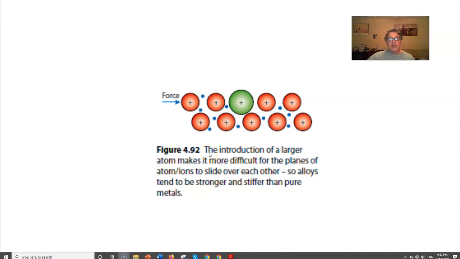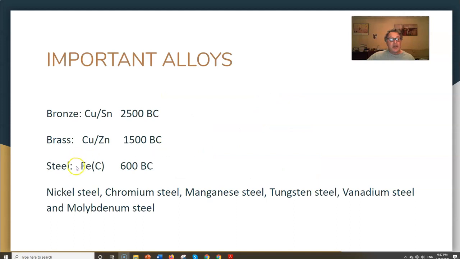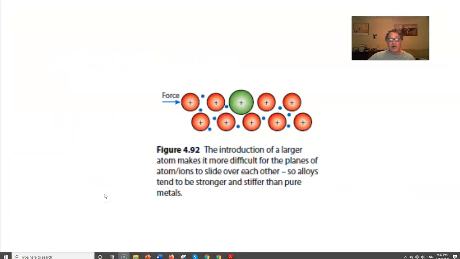So in the case of adding carbon to iron, it was discovered a long time ago that swords made from high carbon steel lasted longer, didn't rust as fast, and you could sharpen them to a much sharper edge. They were vastly superior, so it improves the properties. In general, it makes the metal harder, right?